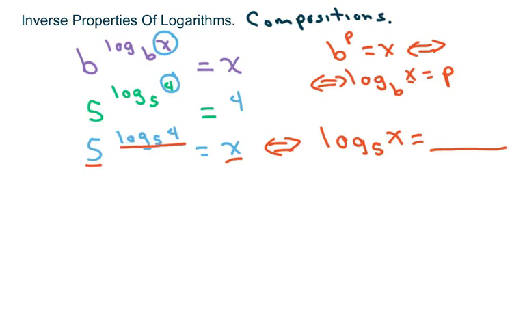Well, my power is this. So we have log base 5 of 4. And in this case, it's very clear that my x has to be 4, because this side has to match that side. So anytime you see something like this, just know that this will equal 4. And then we'll continue on with our problems now.